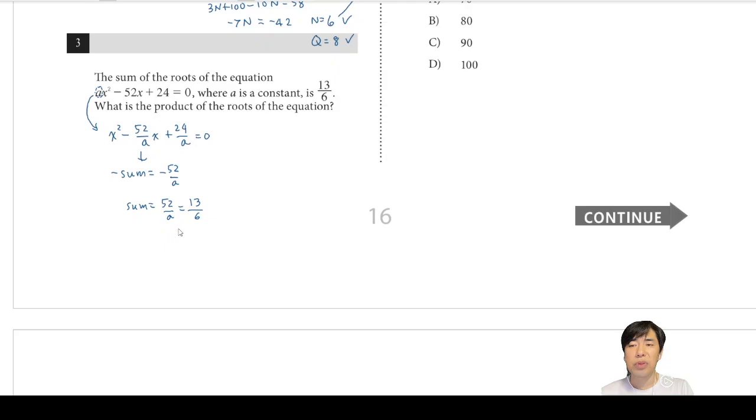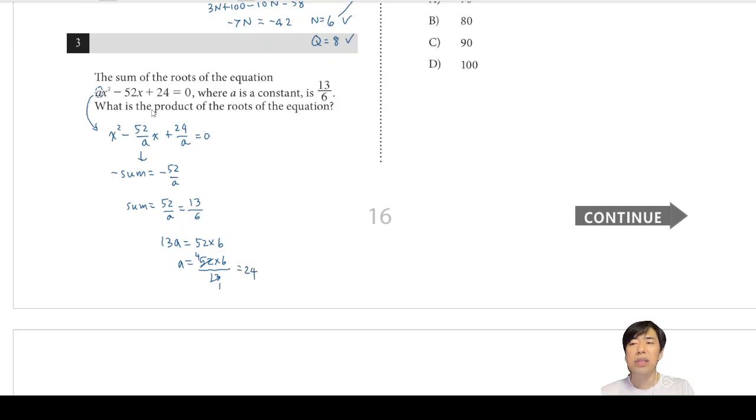So you cross multiply to find a. 13a is equal to 52 times 6, so a is 52 times 6 divided by 13. You can cancel these two. That's 1, that's 4. So a must be 24.